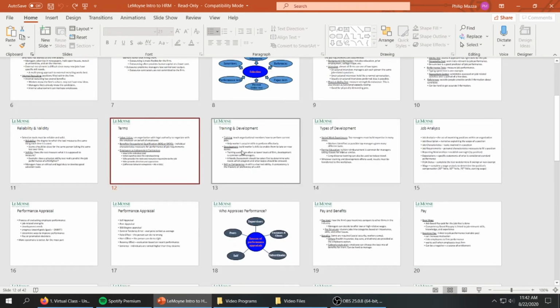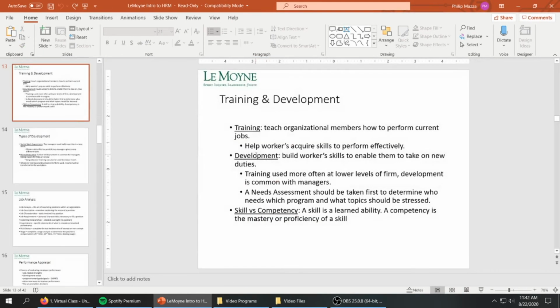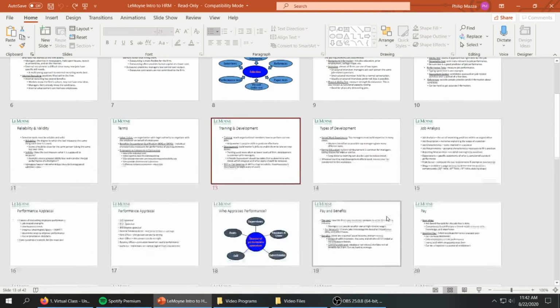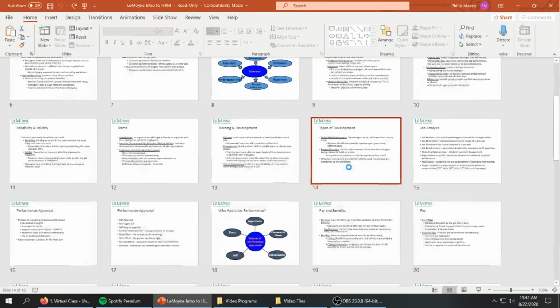Continuing on, HR organizations also are usually responsible for some element of training and development, and that's important to recognize. Most HRISs will have a section on training and development. Companies will want to track the training and development of their employees.